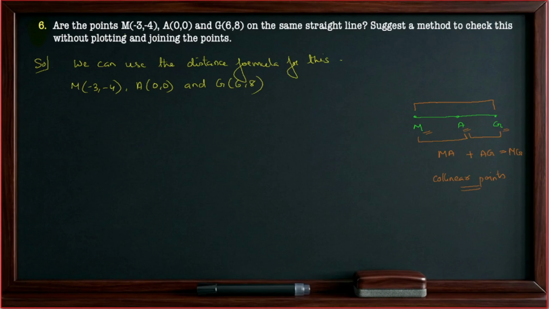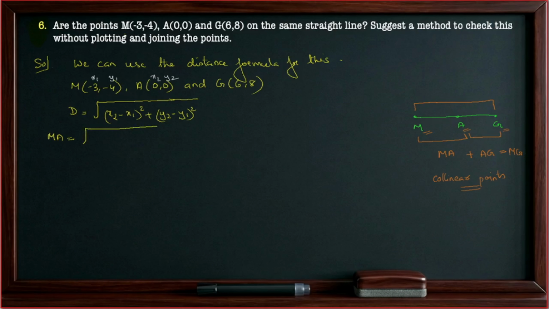The distance formula is d equals the square root of (x2 minus x1) the whole squared plus (y2 minus y1) the whole squared. So now let's find the three distances, that is MA, AG and MG using the distance formula. So MA is equal to, here for M this is x1, y1 and for A this is x2, y2.